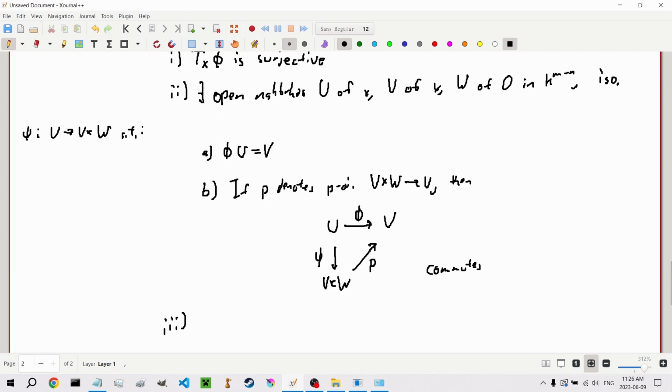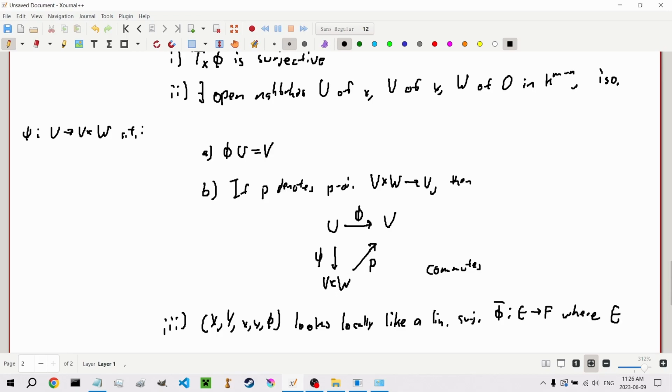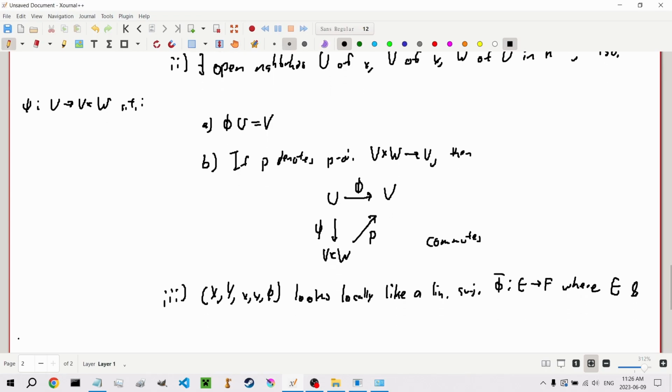Thirdly, phi looks locally like a linear surjection, phi from E to F, where E and F are m and n dimensional vector spaces, respectively.